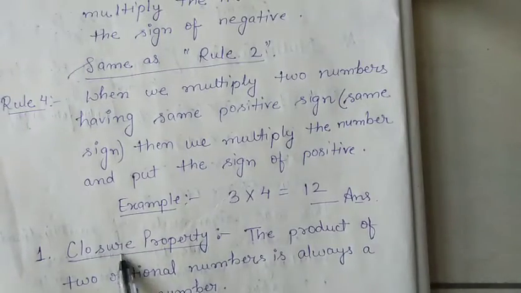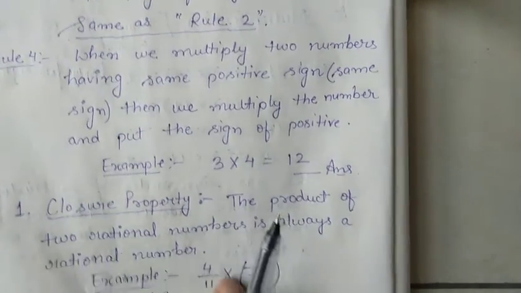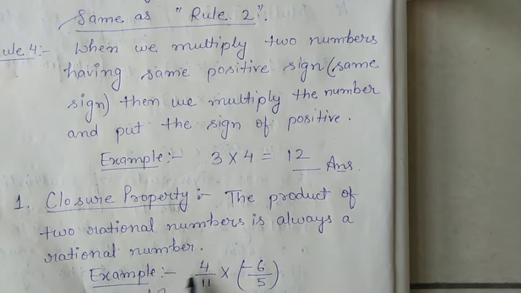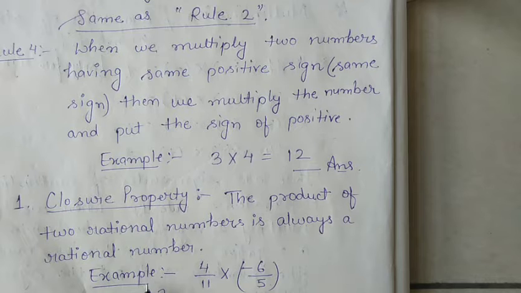The first one is the closure property. The product of two rational numbers is always a rational number. These are multiplication rules; earlier we learned about addition and subtraction rules.